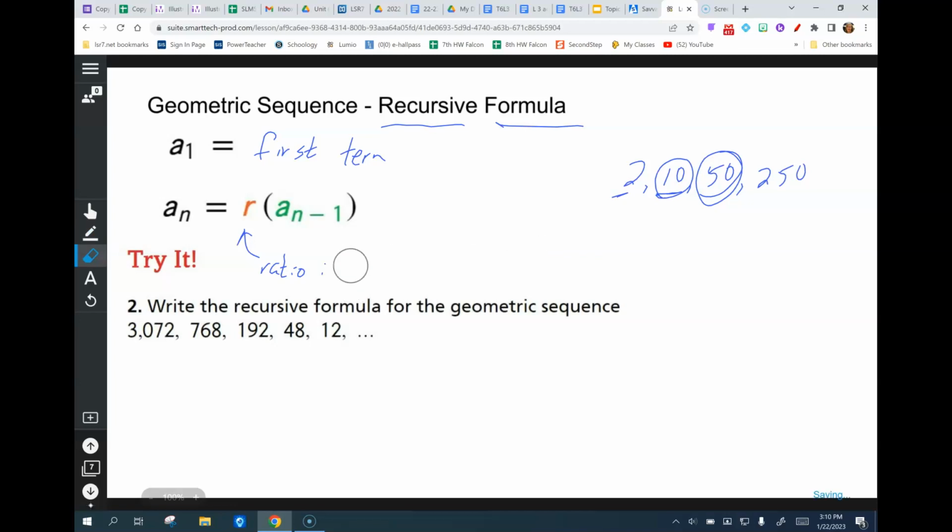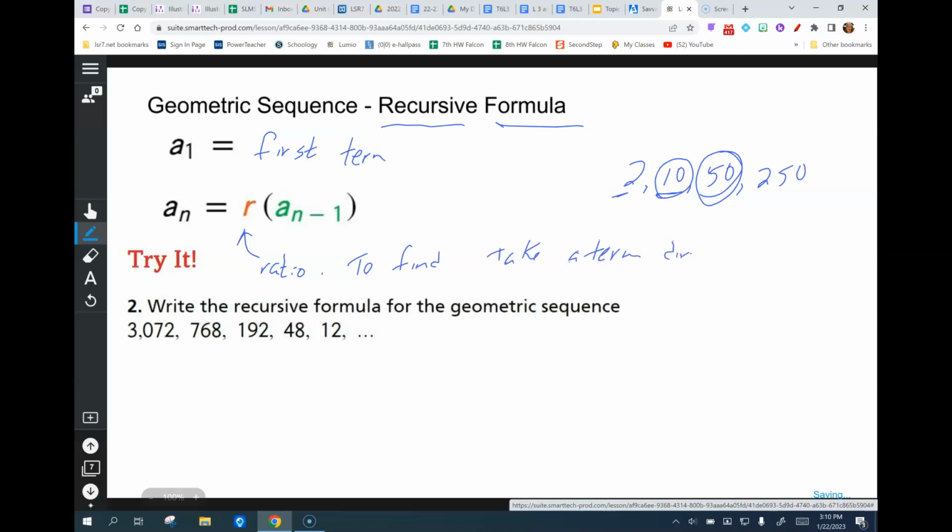To find the ratio, take a term divided by the previous term. Because then you can use anything. You could have started at 250 and divided by 50. So you can start anywhere.